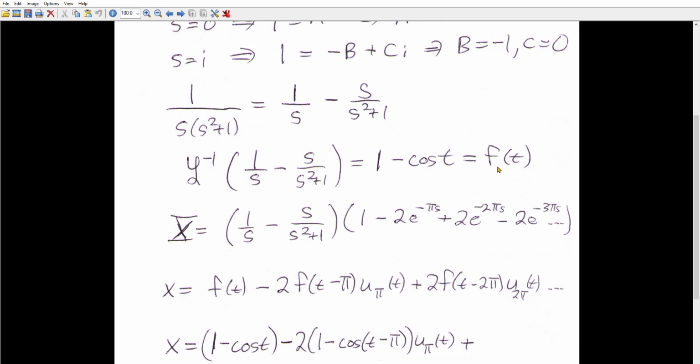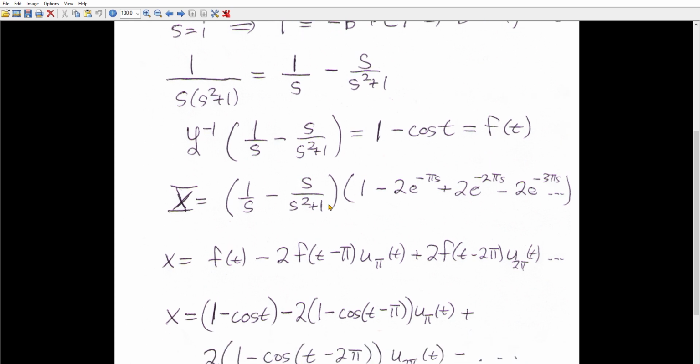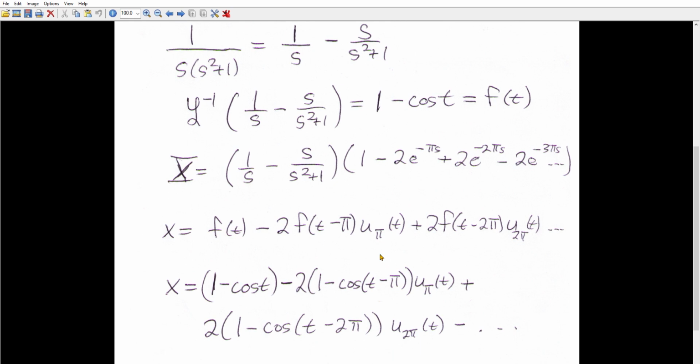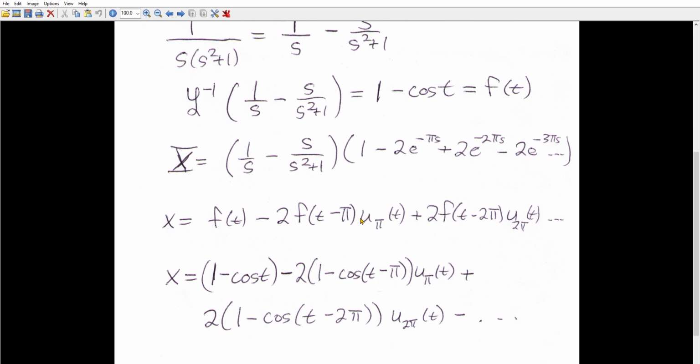Now remember, when we transform back, we're going to be getting e to the minus as times f of t minus a for each one of these little terms. Okay, so what's going to come back is f of t minus 2 f of t minus pi u_pi of t. And f of t is just going to be 1 minus cosine t, as we've got up here.